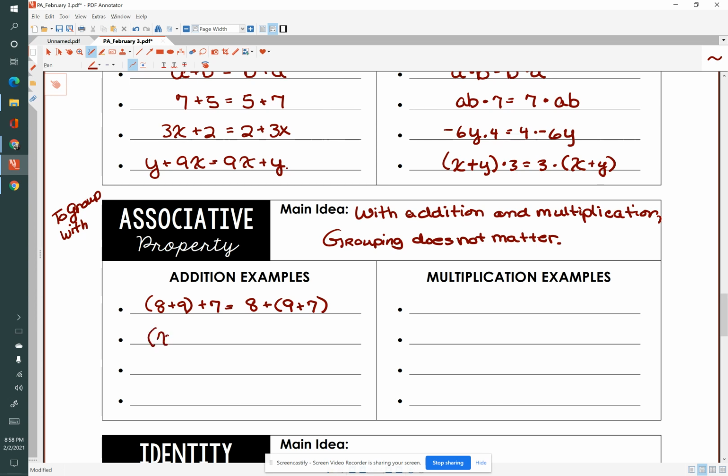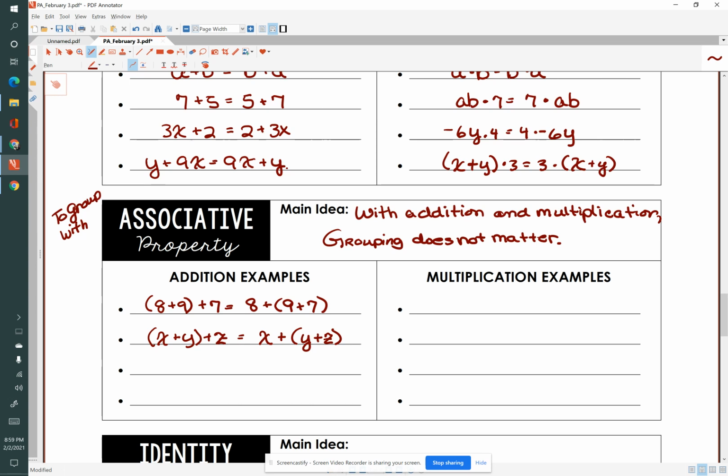With variables, we can have x plus y as a quantity plus z, or we can group y and z, so we would have x plus the quantity of y plus z.